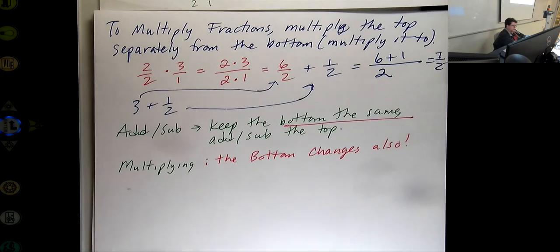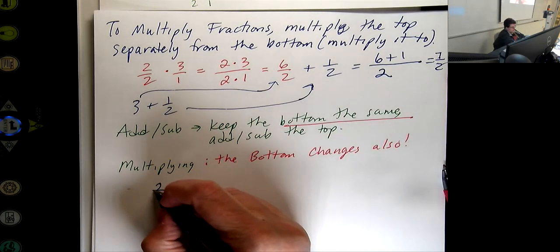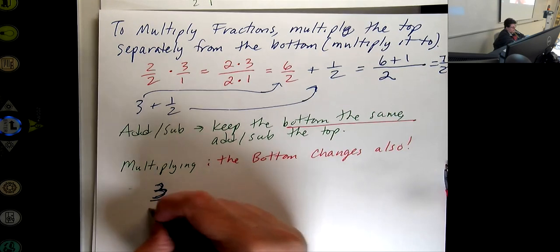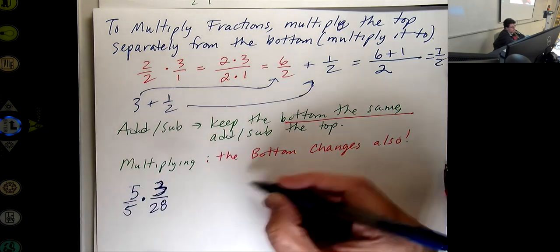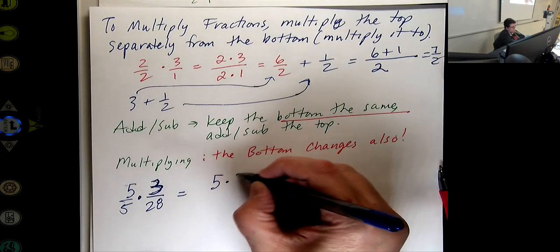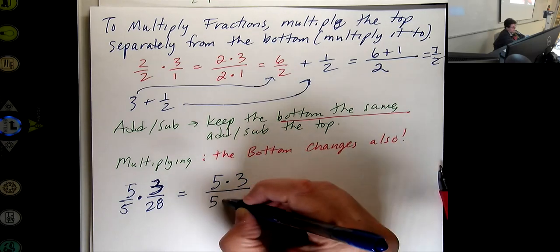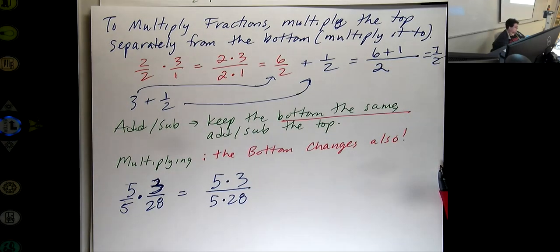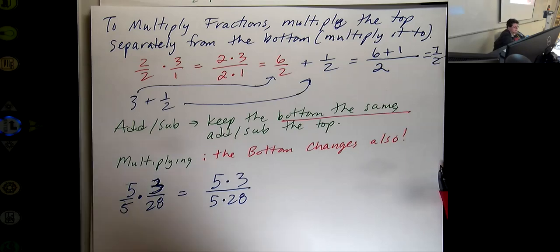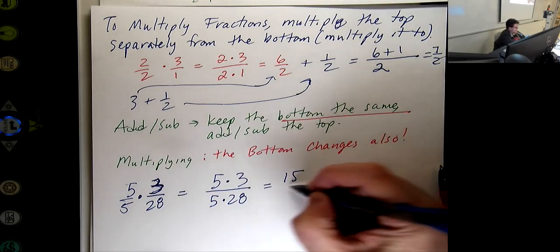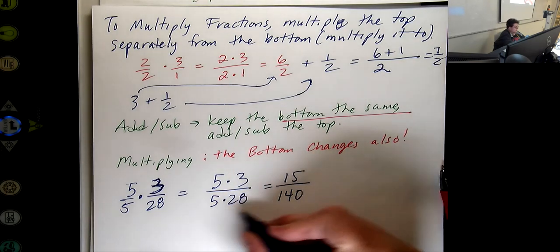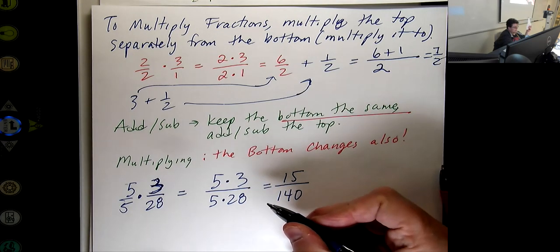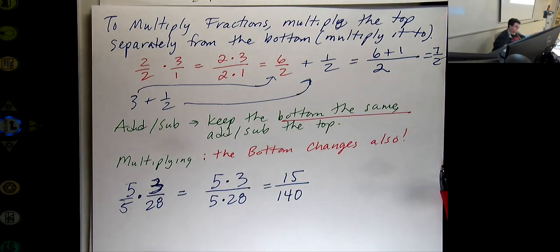Earlier, we had 3/28, and I multiplied by 5 over 5. What I did is I said 5 times 3 on top, 5 times 28 on bottom. I did this with all the little fractions that we did earlier. 5 times 3 was 15. 5 times 28 was 140. Using the table, I was able to speed this up and not use a calculator.